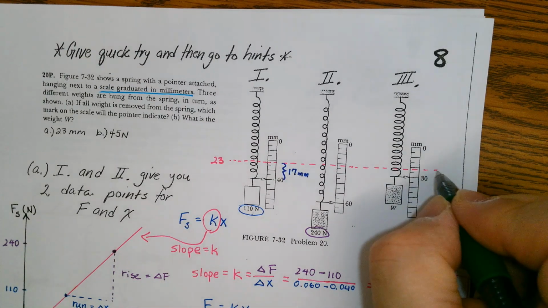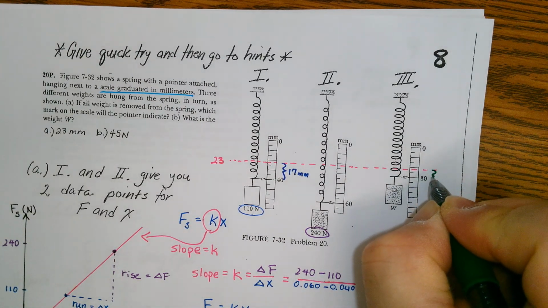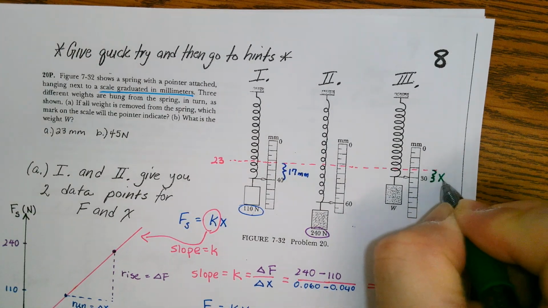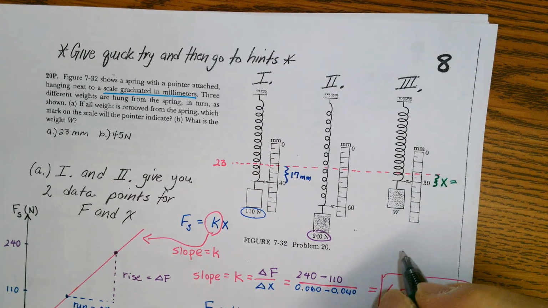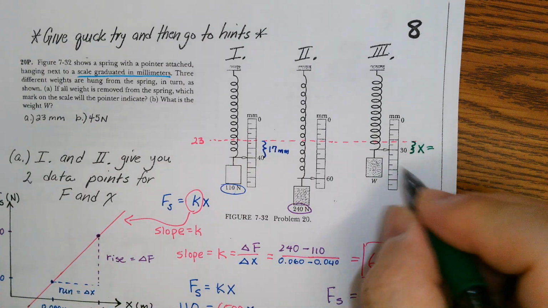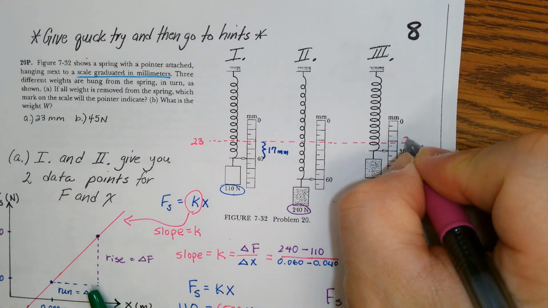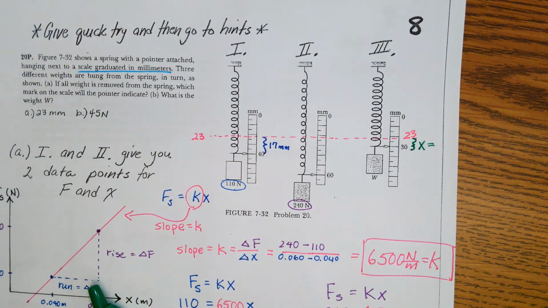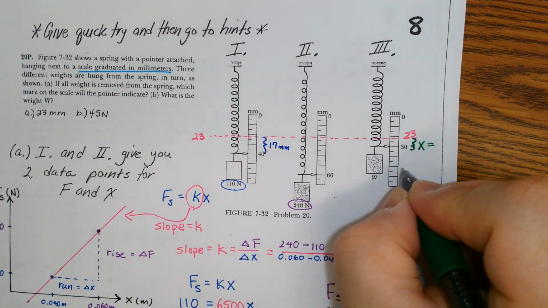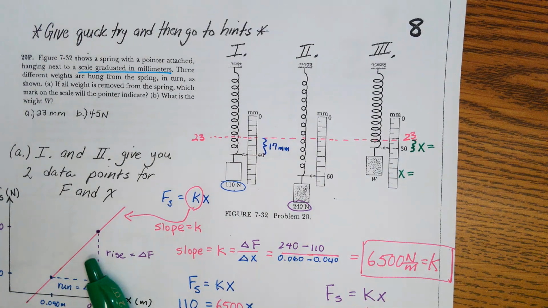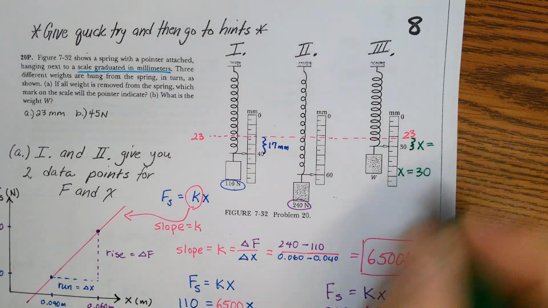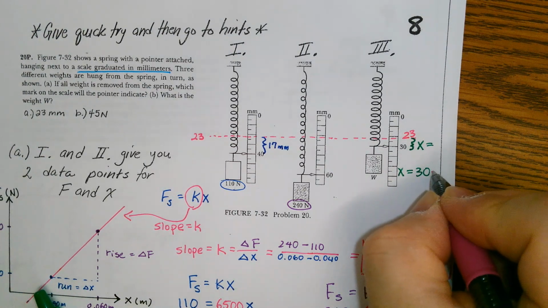This X now here is equal to 30 minus 23.